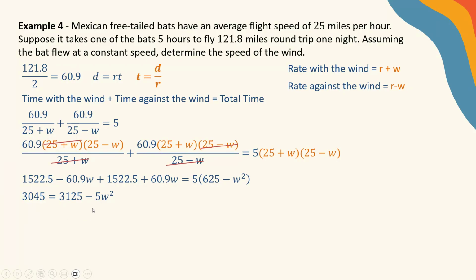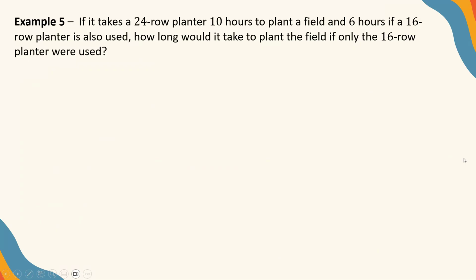And then subtract 3,125 from both sides, divide by -5, and then take the square root of both sides. Since it wouldn't make sense for the wind speed to be a -4, our answer is that the wind speed is +4 miles per hour.